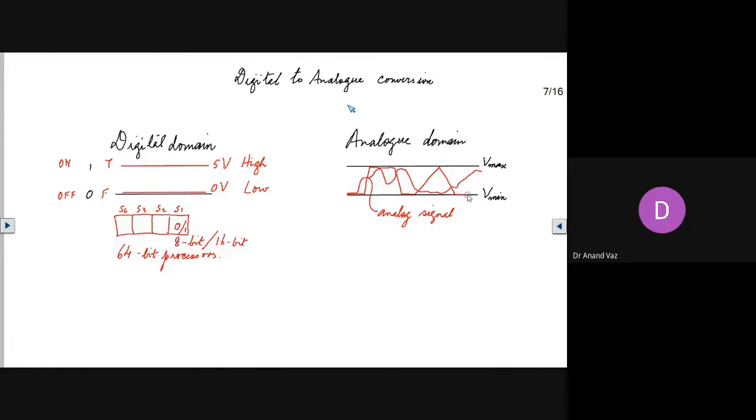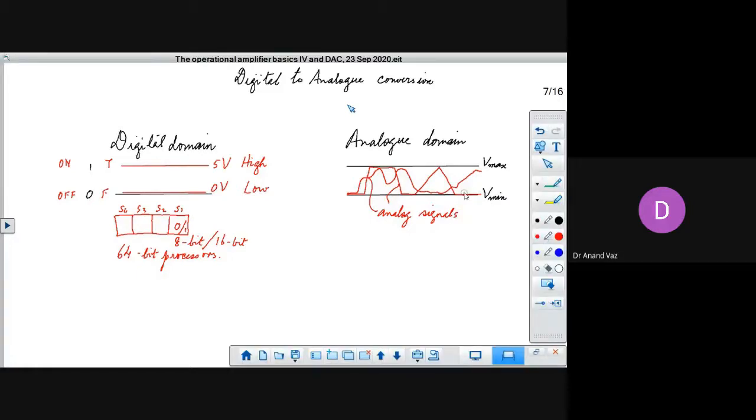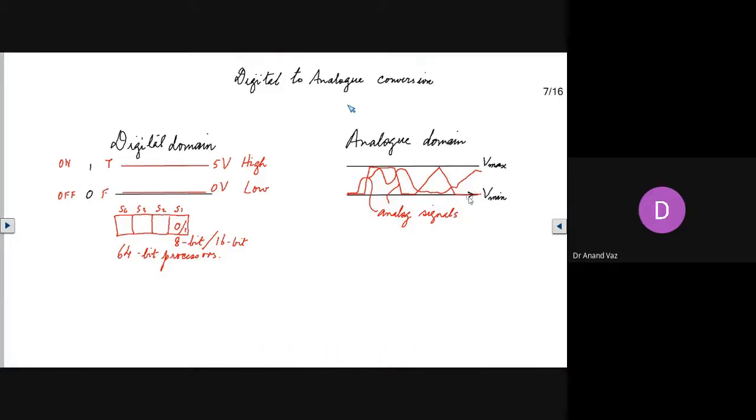So these are analog signals, and here they change. They may or may not change with time. This is your time axis. Okay. Also, we have limits, and with time we may have either 0 or 5. We have states. Okay.